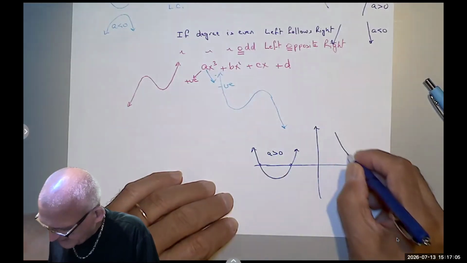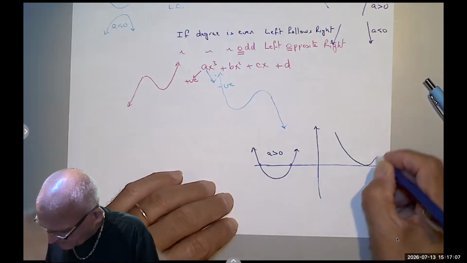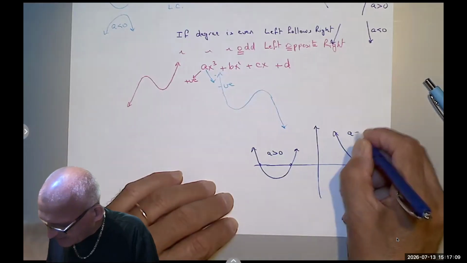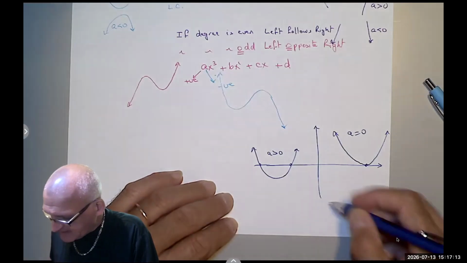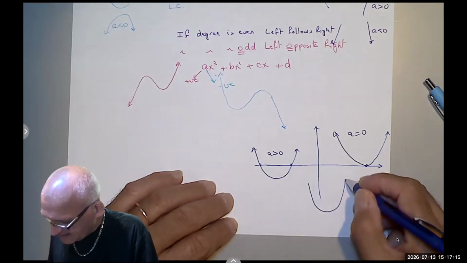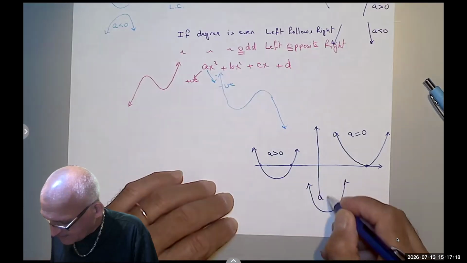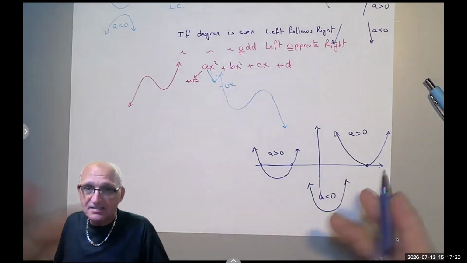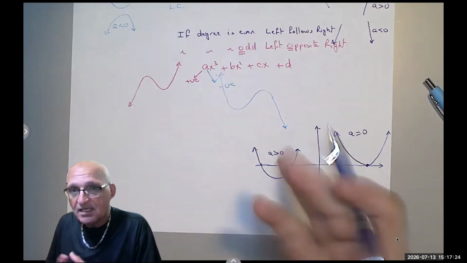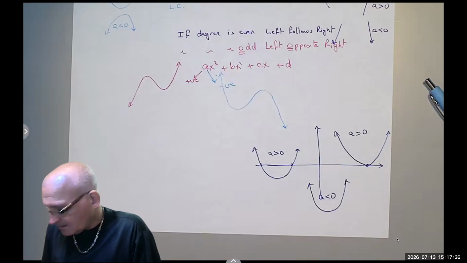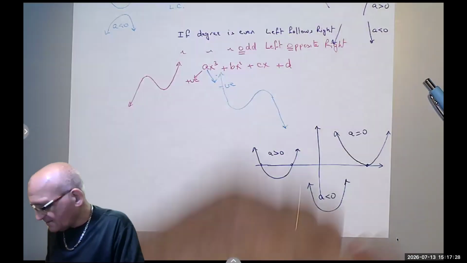If it equals 0, you get a single solution repeating. And if it's less than 0, I don't get any solution unless they are complex answers, or it has an imaginary part.